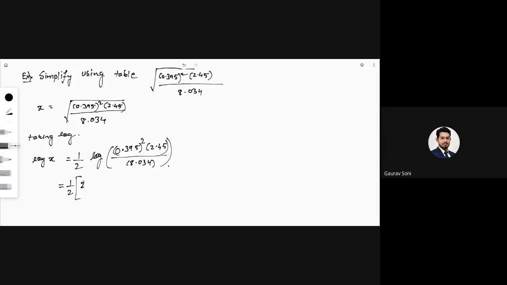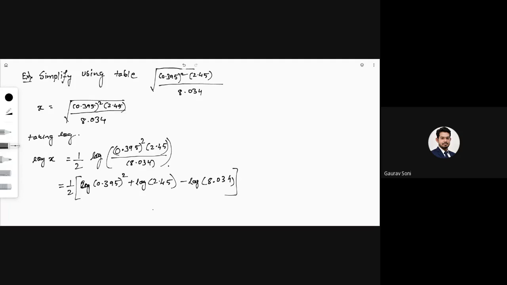Log of 0.395 square plus log of 2.45 minus log of 8.034, right?